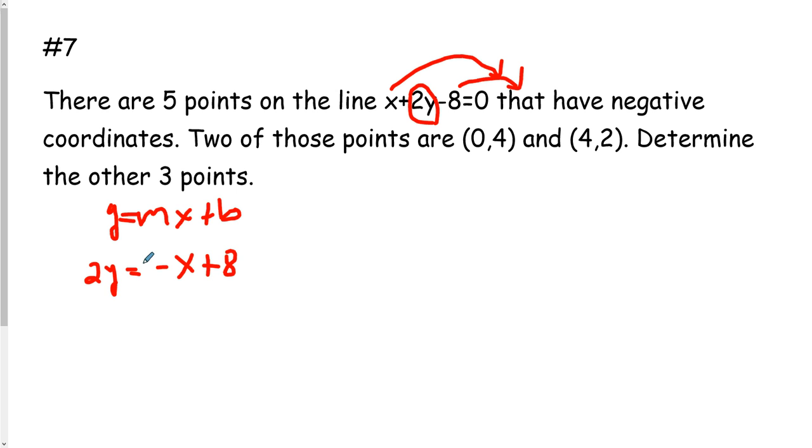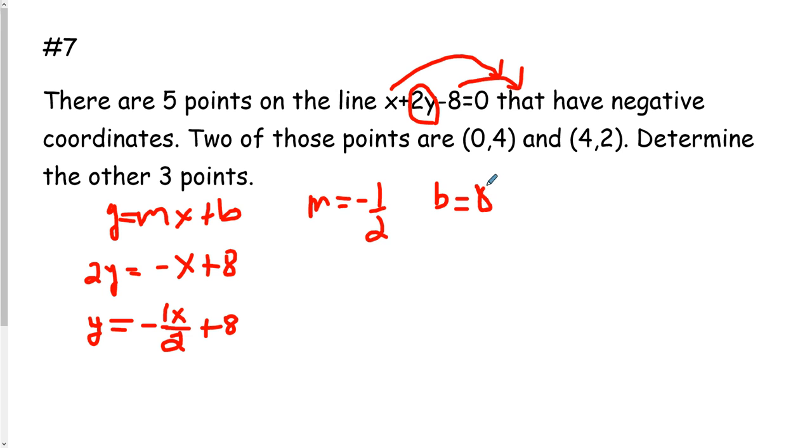Divide both sides by 2, so every single term by 2, so that you have y equals negative x over 2 plus 8. Another way of writing negative x over 2 is negative 1x over 2. So your slope here is going to be negative 1/2, and your y-intercept is going to be 8.